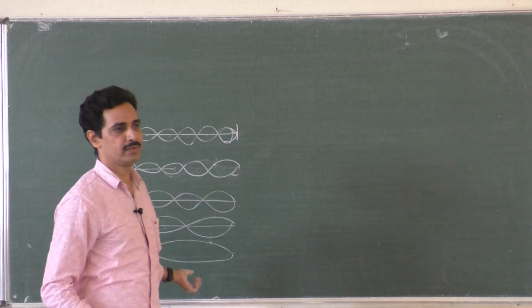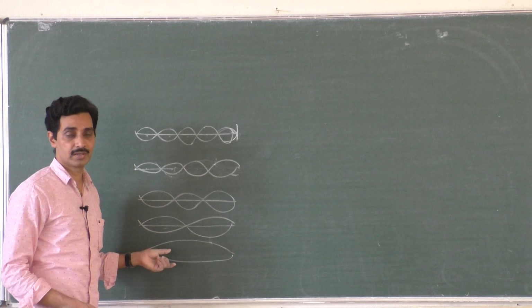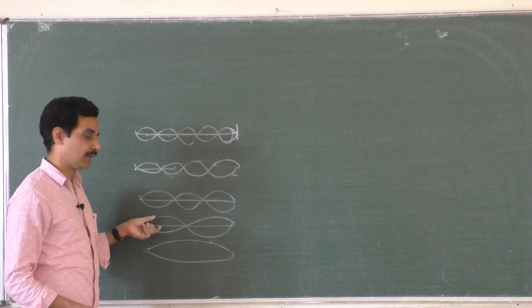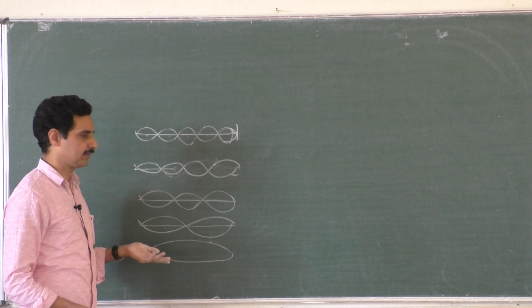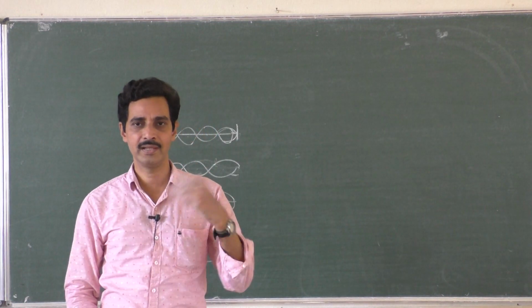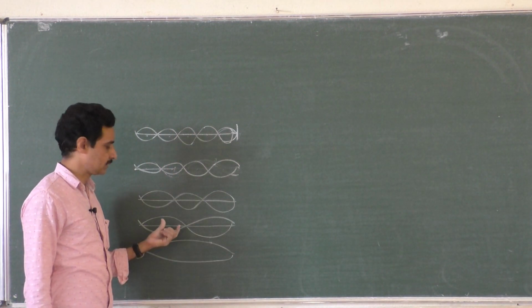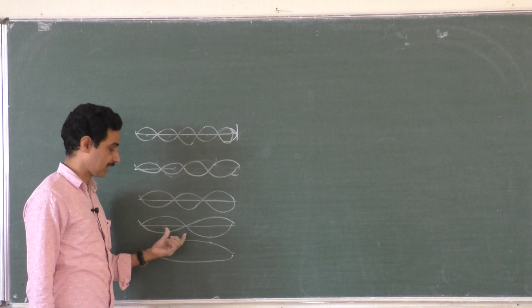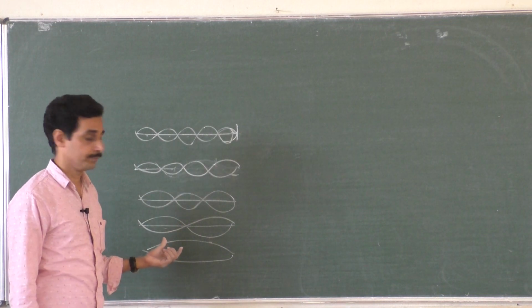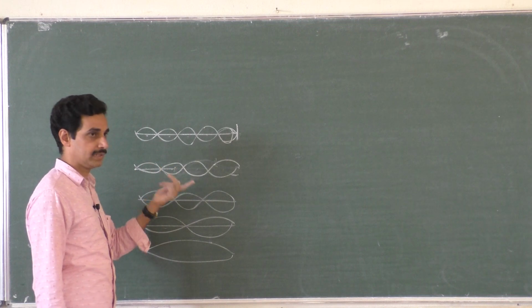A wire can be made to vibrate in different frequencies. This is called the lowermost frequency, and this is called higher frequency. Any higher frequency is named by a term called overtone. Overtone is a higher frequency. Suppose this is 5 Hertz, this should be 10 Hertz because there are 2 loops, and it is multiplied in integer form. 10 Hertz, this is 15, 20, 25, multiples of 5.